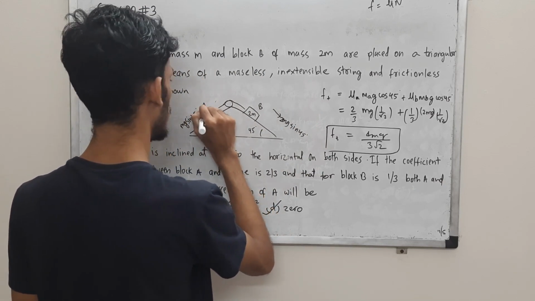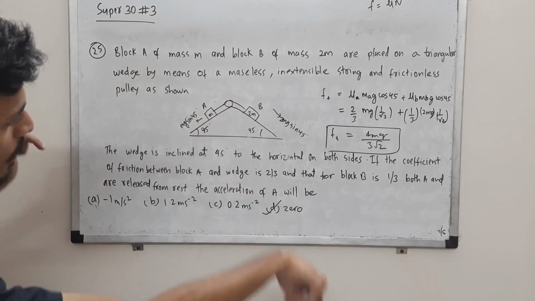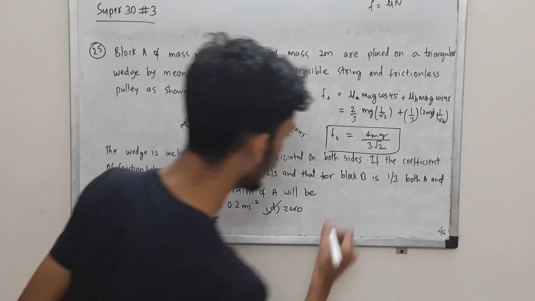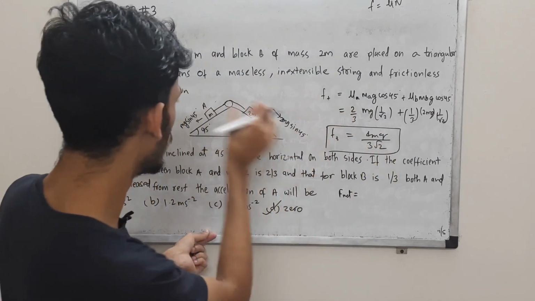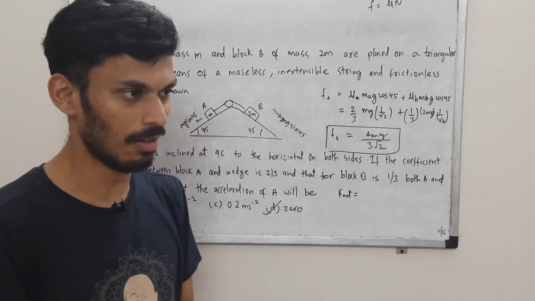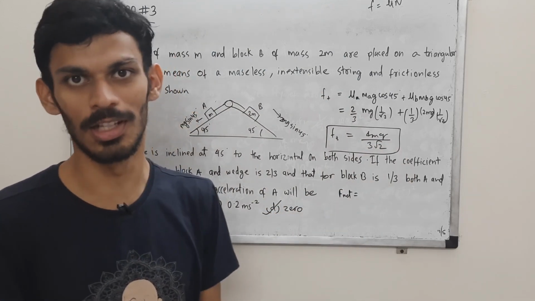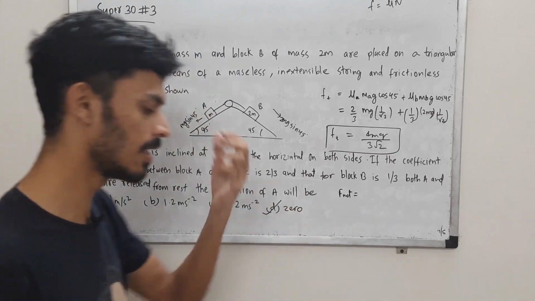These are along opposite directions. So 2 mg minus mg sin 45, that is your net force. You can show that this force will be less than this, hence frictional force is more, meaning there will be no motion, right? Friction is more than your F net, then there is no motion.